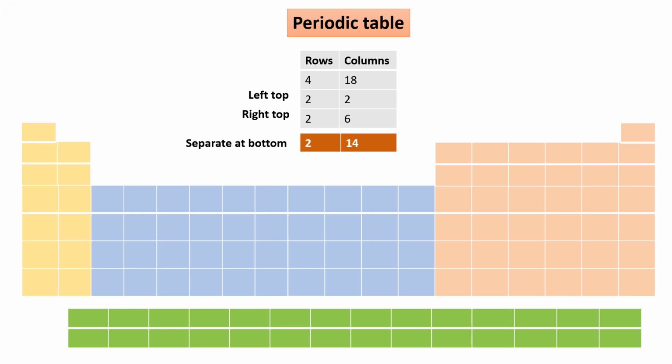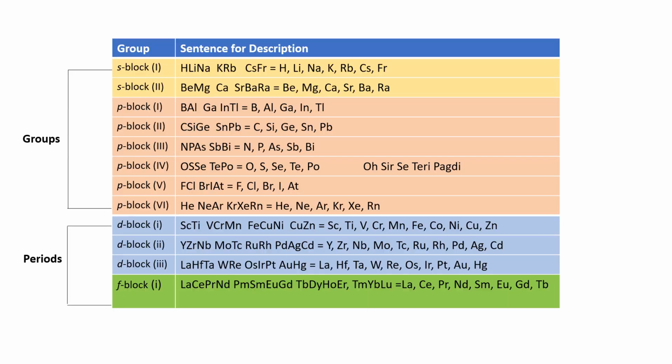Now the next trick is for filling different elements into the periodic table. You might have already seen that in different languages, people try to remember this long form of periodic table using some phrases or sentences. However, at times those phrases can be misleading.